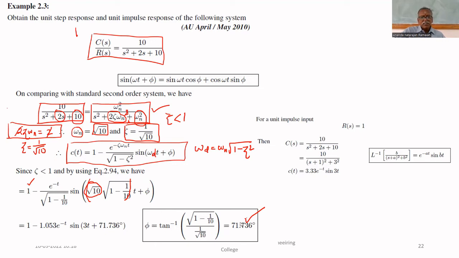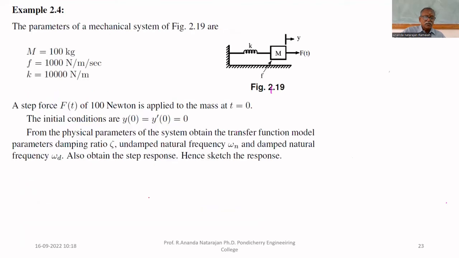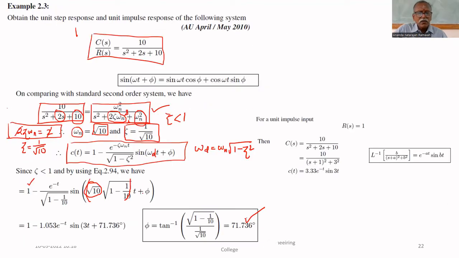If you find tan inverse, you will get 71.736. So we can substitute for phi 71.736. E power minus t we keep as such. 1 by square root of 1 minus 1 by 10 is 1.053. So we got the response.